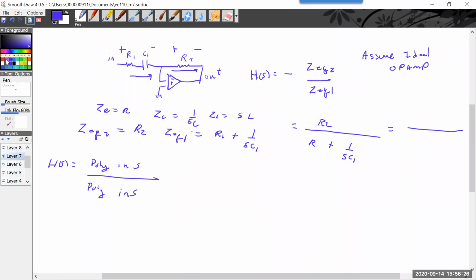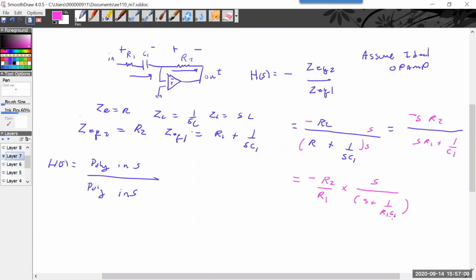So multiply through by S. Pull out an R1. All right, and there's our transfer equation.